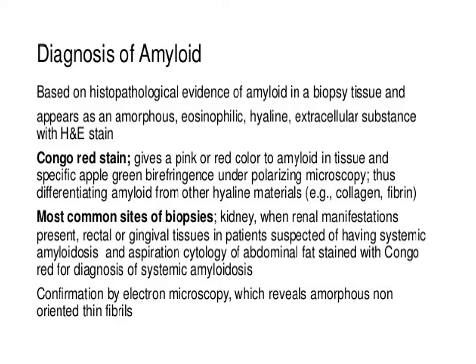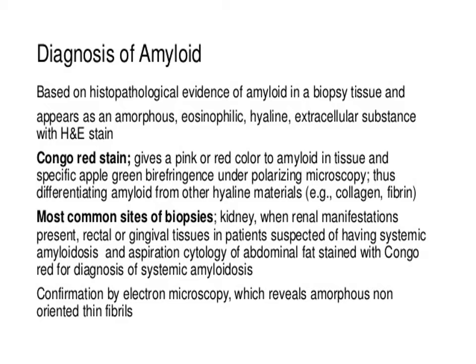Special stains like Congo red stain are done for confirmation, which gives a pink or red color to amyloid in tissues. When Congo red stain is visualized under a polarized microscope, it gives apple green birefringence. Thus, it differentiates amyloid from other hyaline proteins like collagen and fibrin.